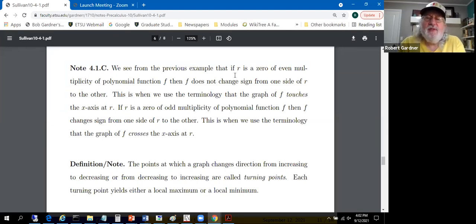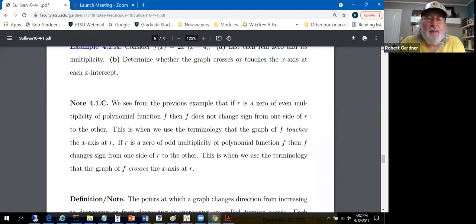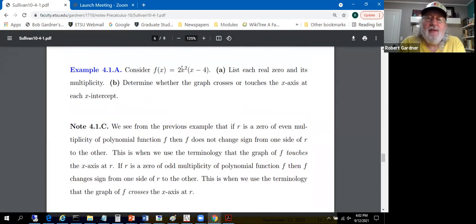We see from the previous example that if r is a 0 of even multiplicity of a polynomial function f, then f does not change sign from one side of r to the other. What we had in that previous example was x to the second power, 2 is even.